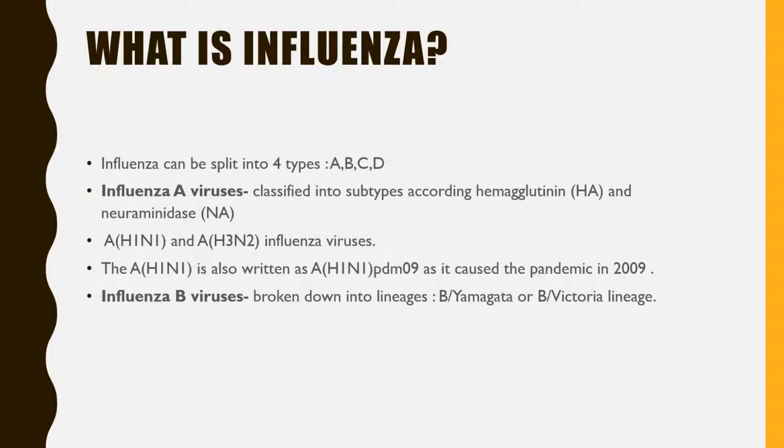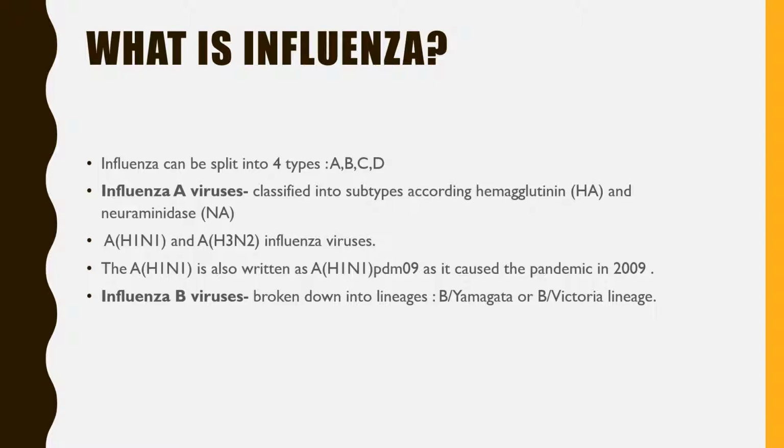Influenza A can then be further subdivided into subtypes using the glycoproteins on the surface of the virus. These glycoproteins are called hemagglutinin and neuraminidase, and when naming the viruses, these glycoproteins are used. For example, two types of influenza A are H1N1 and H3N2, which refer to the types of hemagglutinin and neuraminidase.